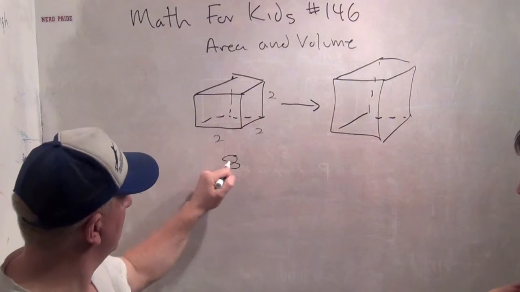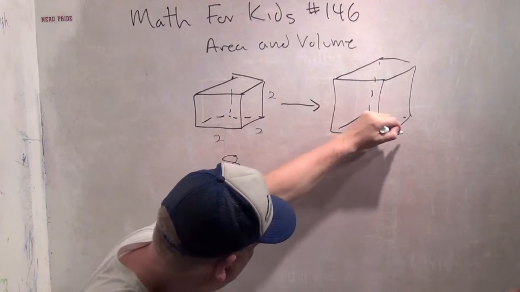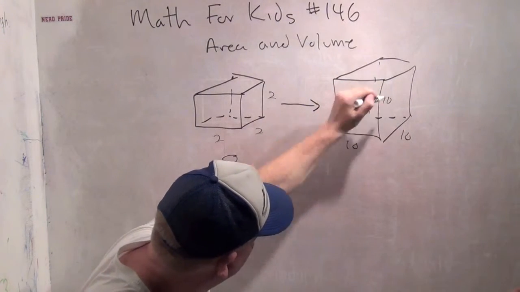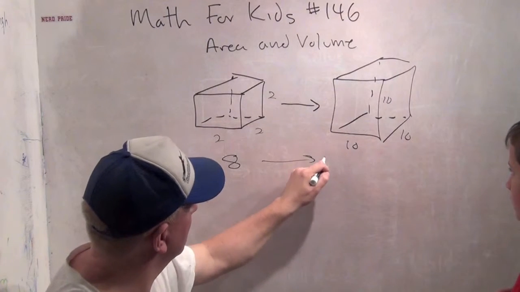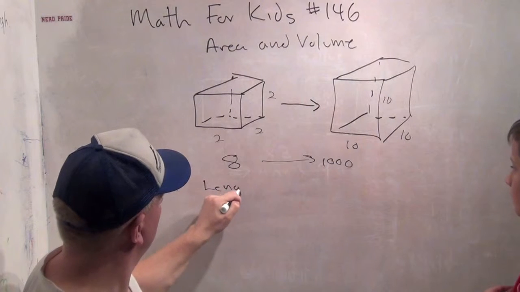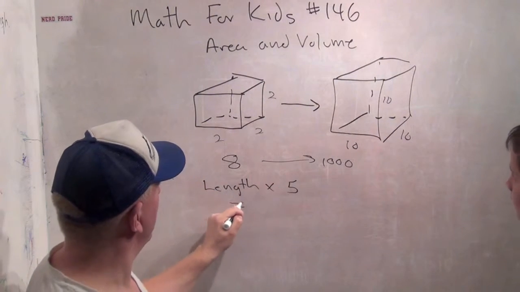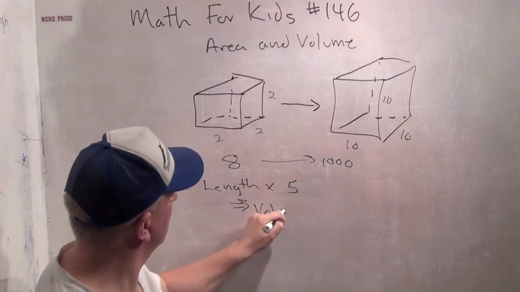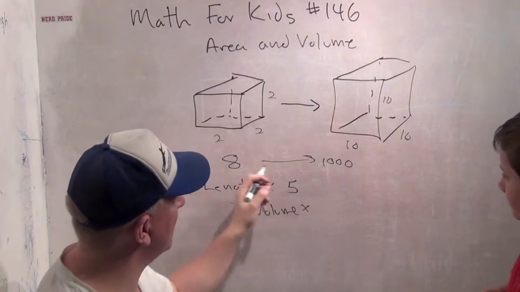So let's say I made this 5 times as large. So the length was 10, the width was 10, and the height was 10. What's the volume over here? 1,000. So the length times 5 meant the volume times what? It went from 8 to 1,000.